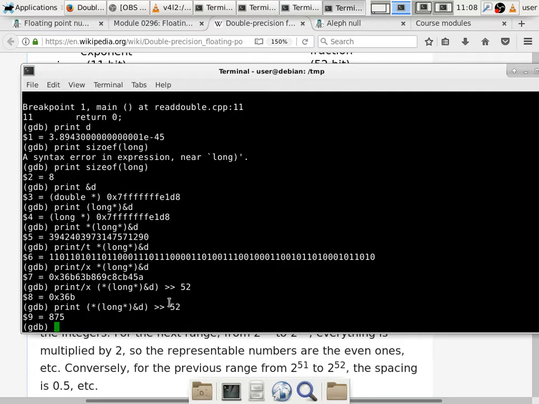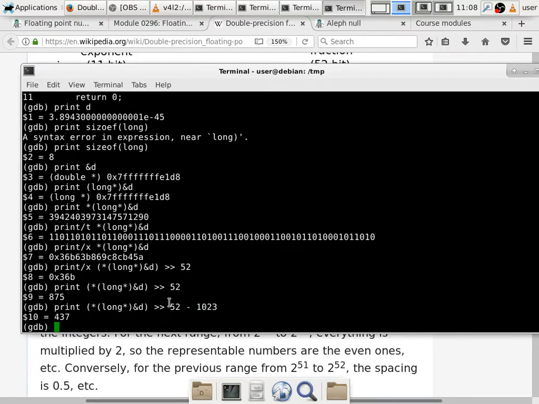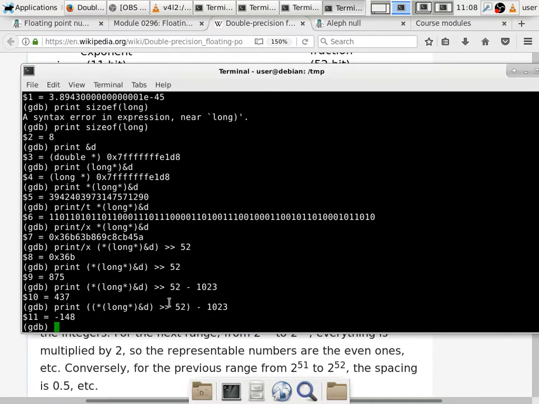It is one of the components of the exponent. The other part is minus 1023. Okay? So now we have to look at this number and subtract 1023 from it. Oh, okay. It's not grouping the operators correctly. Okay, so we are looking at negative 148.